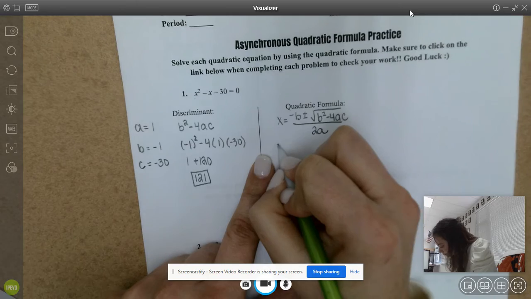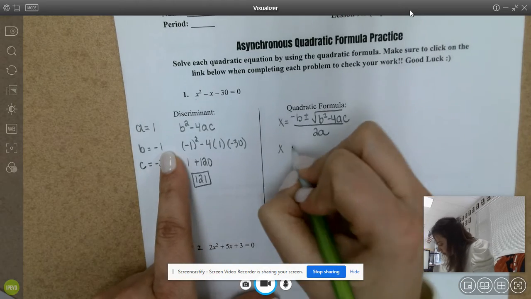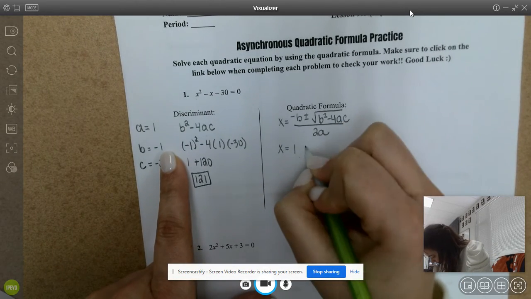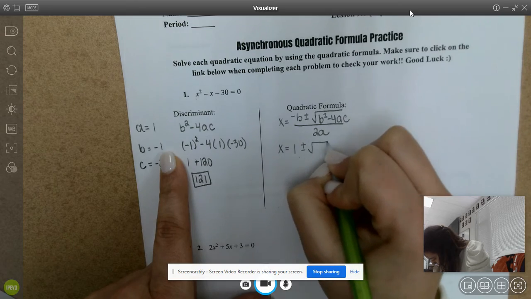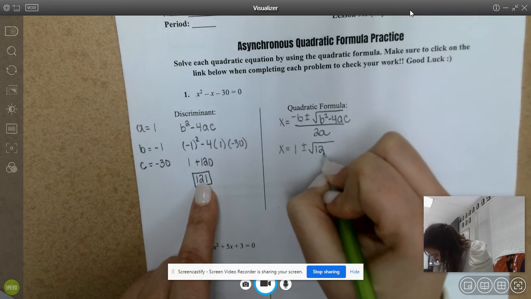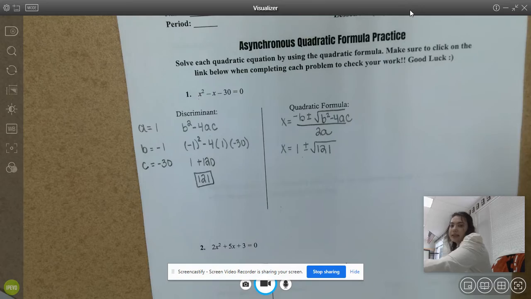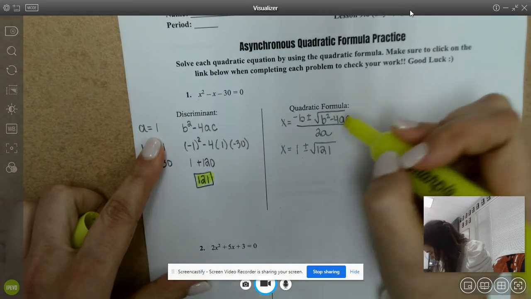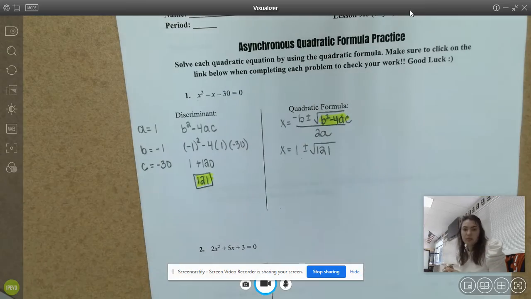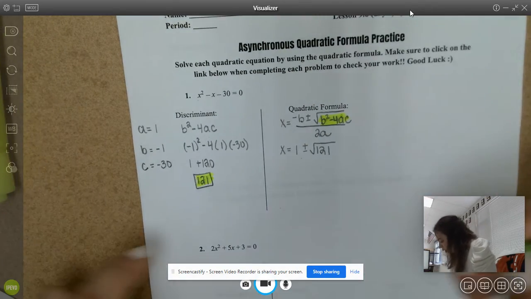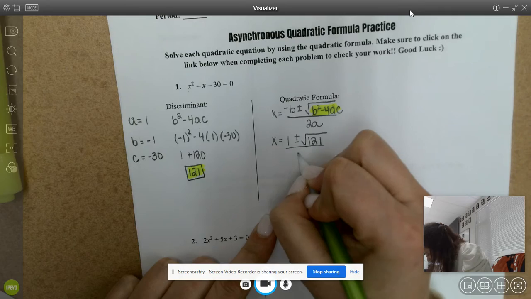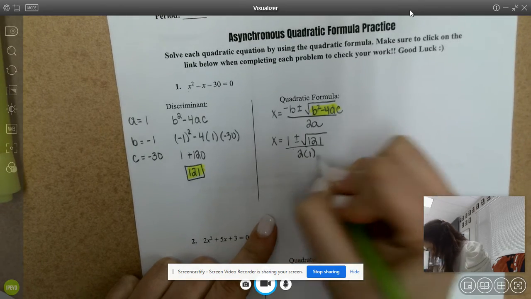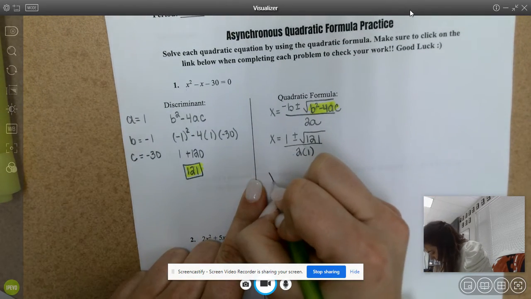Well, our b value is -1, so the opposite of that would be +1, plus or minus the square root of our discriminant, so 121. So remember, these two values we can easily substitute with. Okay, all over 2 times a, which is 2 times 1 in this case.